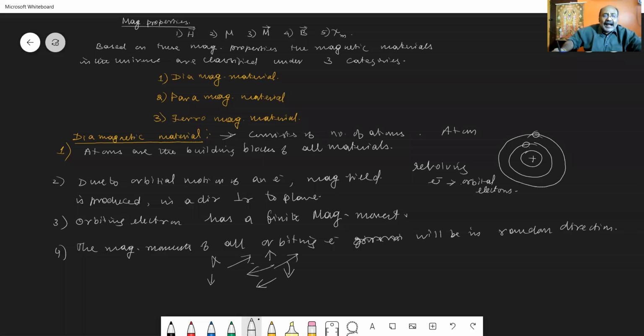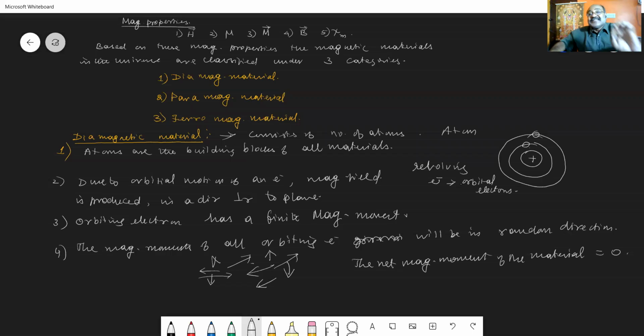Like this, if you have different magnetic moments in random directions, we can say the net magnetic moment of the material is equal to 0. So the net magnetic moment being 0 means, in the absence of an external magnetic field, the diamagnetic material does not have magnetism, or it is not magnetized.